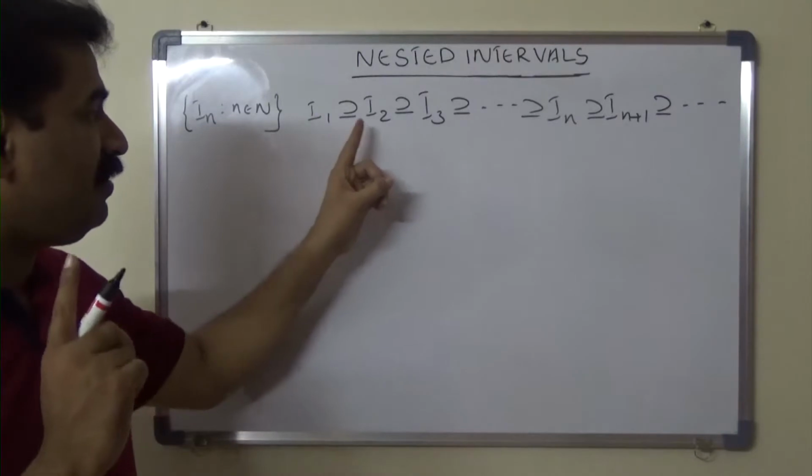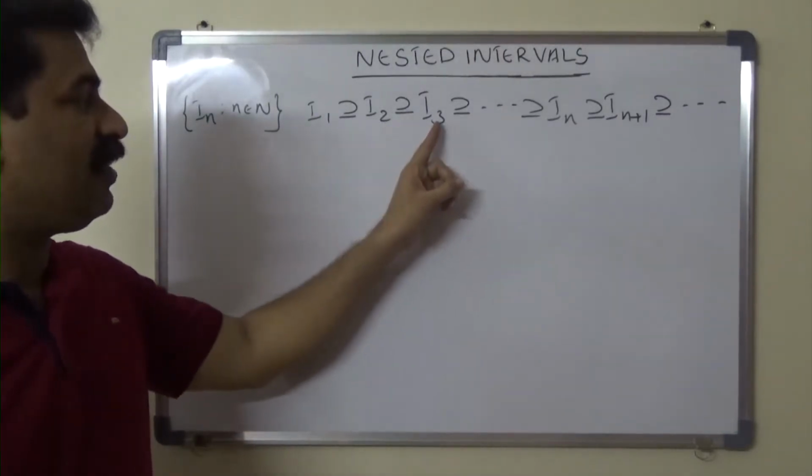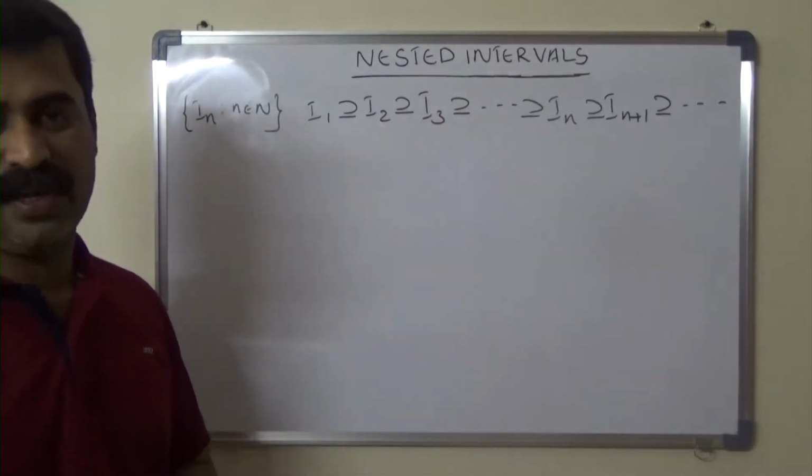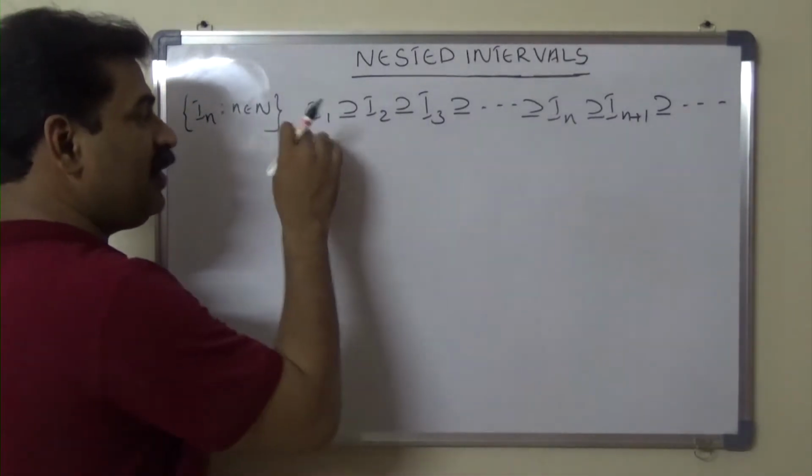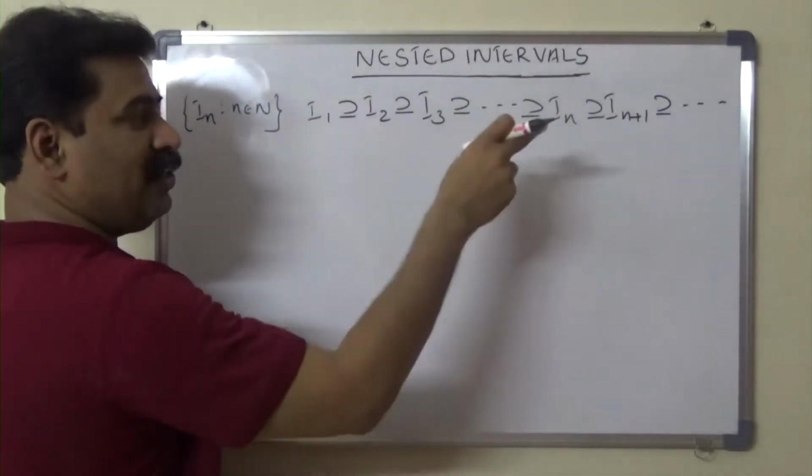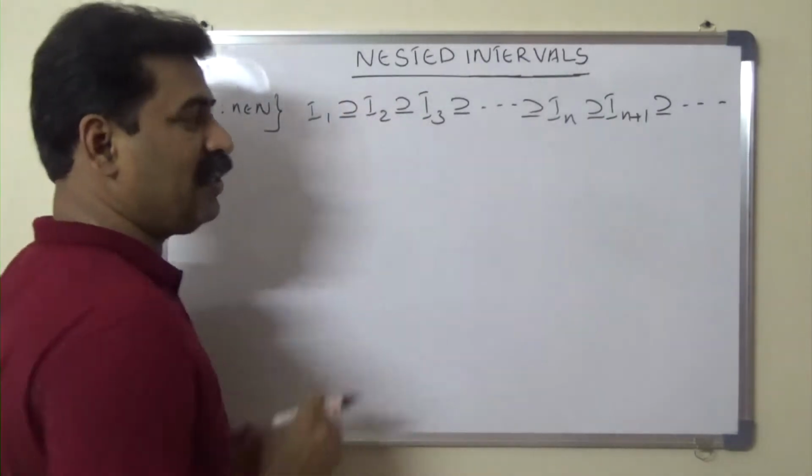That means I1 contains I2, I2 contains I3, I3 contains I4, and so on. Here if we move from left to right, the size of each interval is decreasing.